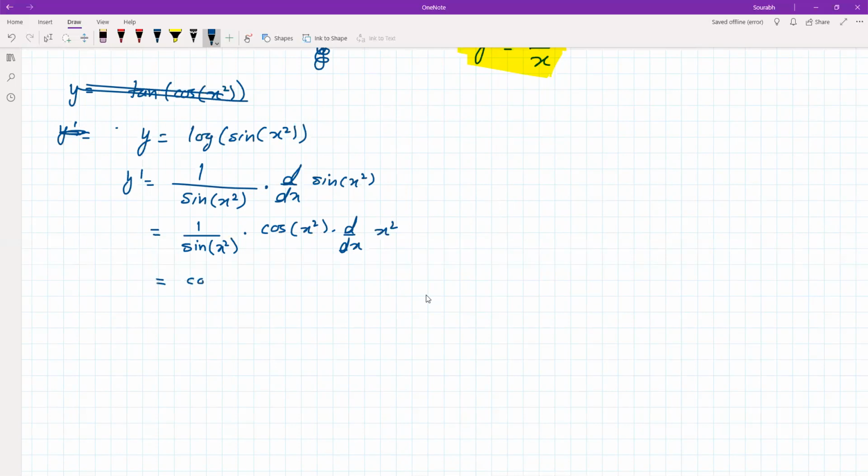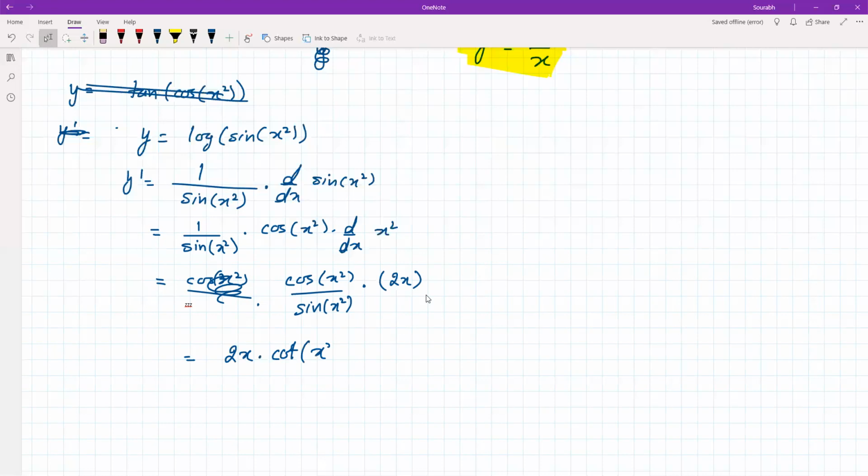That is cos of x square divided by sine of x square into d by dx of x square is nothing but 2x. So this total comes to be 2x into cos by sine is cot of x square, that is y dash. And this is example of our chain rule.